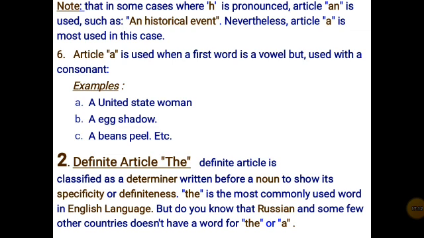THE is the most commonly used word in the English language. You have to know that THE, article D, is the most commonly used word in English language. But do you know that Russian and some few other countries don't have a word for THE or A?